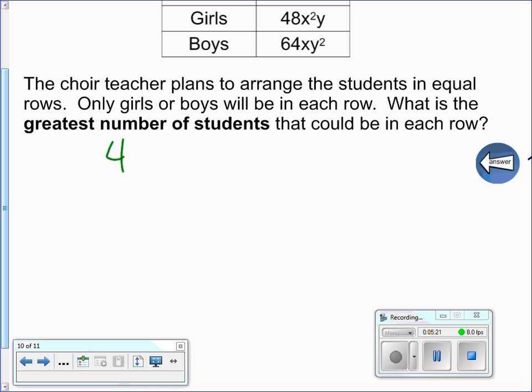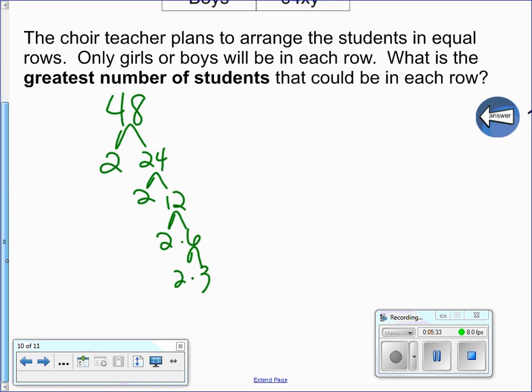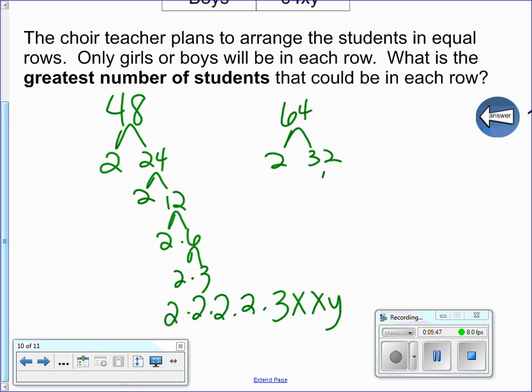48 breaks down to 2 and 24, 2 and 12, 2 and 6, and 2 and 3. So that is 2 times 2 times 2 times 2 times 3. And 64 breaks down to 2 and 32, 2 and 16, 2 and 8, 2 and 4, and 2 and 2.